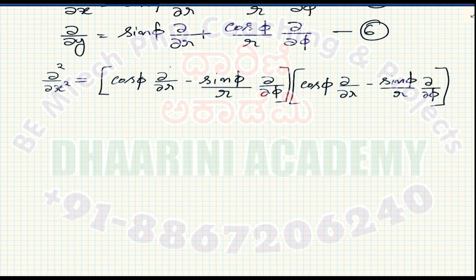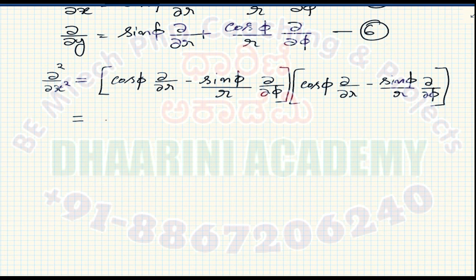So dou by dou r is an operation, but if you multiply cos into cos, it's a normal term. So dou r by dou r is something different. It has a different meaning compared to multiplying cos phi with cos phi. So let's do this step by step.